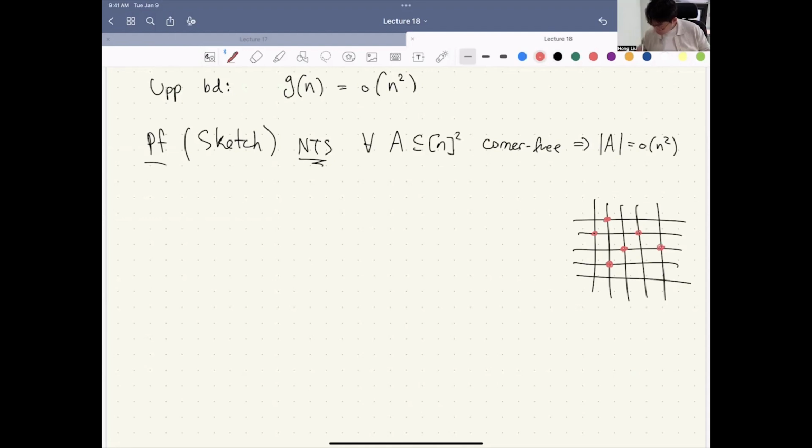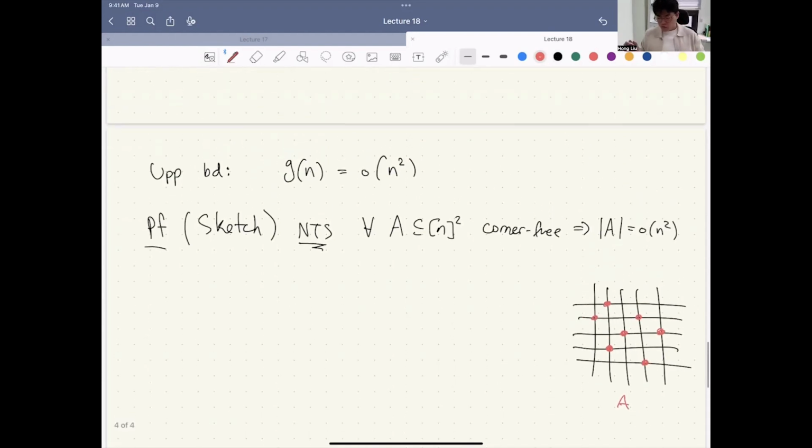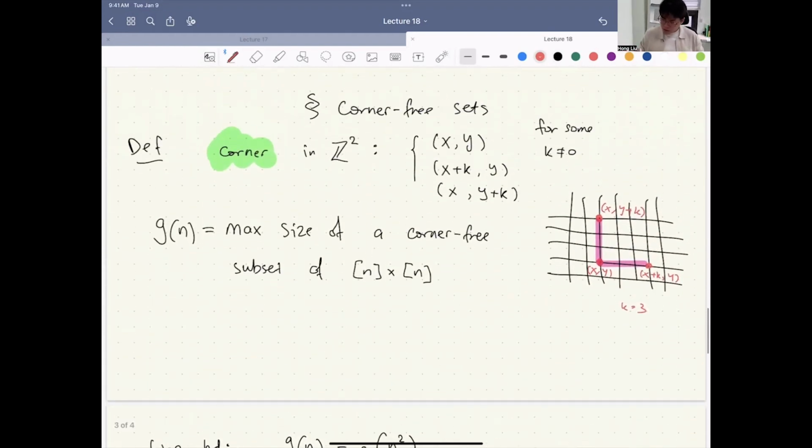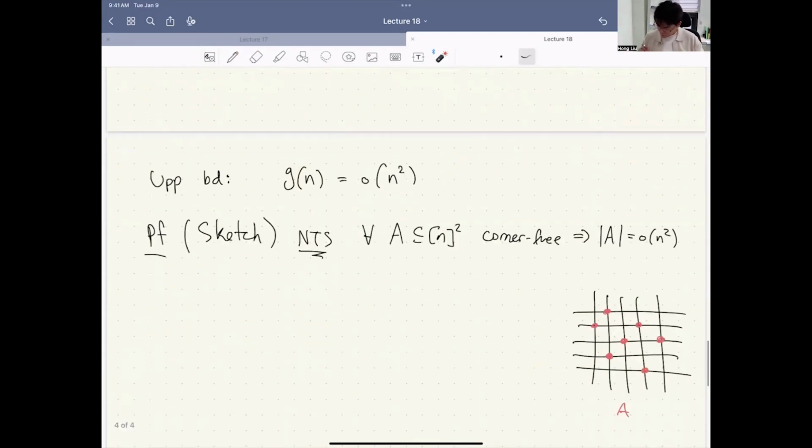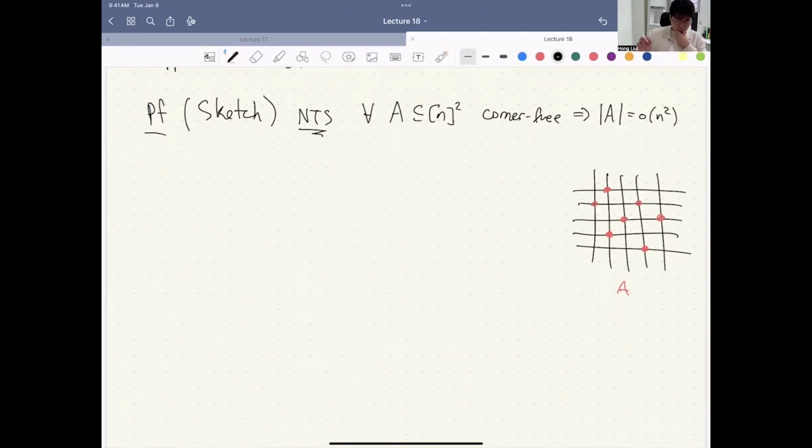So this is our A. For simplicity, let me assume k is strictly bigger than 0. So the corner goes like this. This type of corner, it's the same. If you forbid both, it's the same. Let's just, for simplicity, consider this direction. All right. Good. How do we construct?